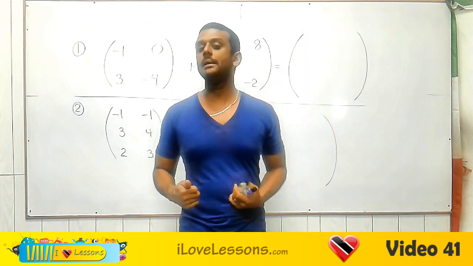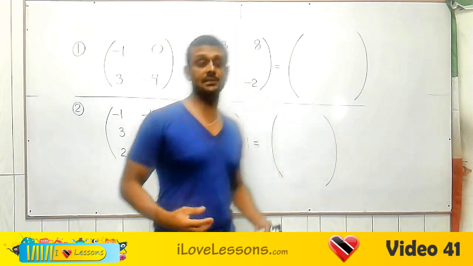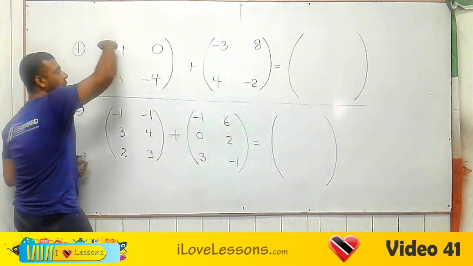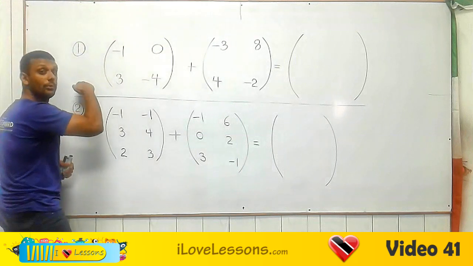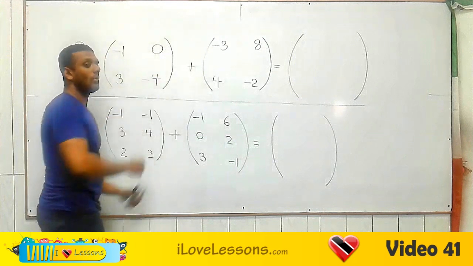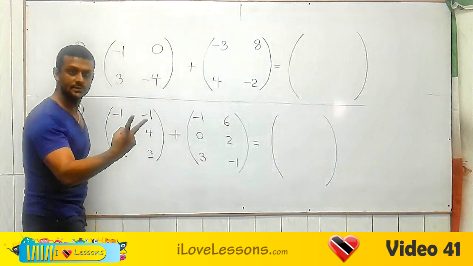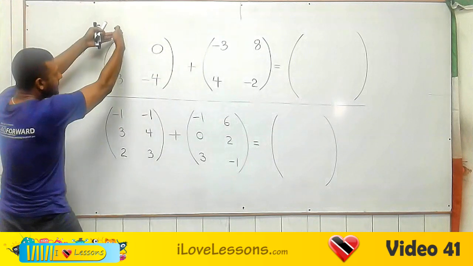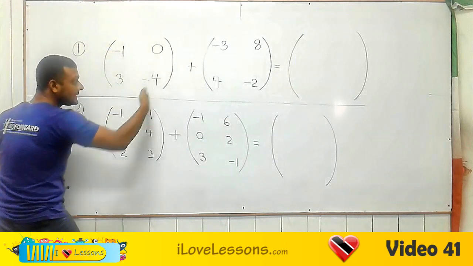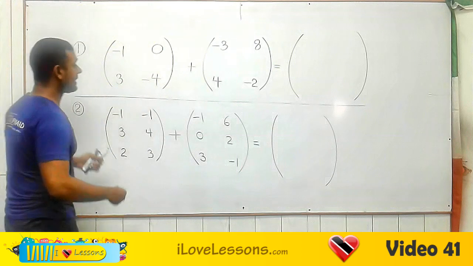So what do I mean by the size of a matrix? Well, you notice this matrix here. You notice there's a row on top and there's a row underneath. So how many rows do I have in all? I have 2 rows. And you will see the -1 and 3 going down, and the 0 and -4 also going down.